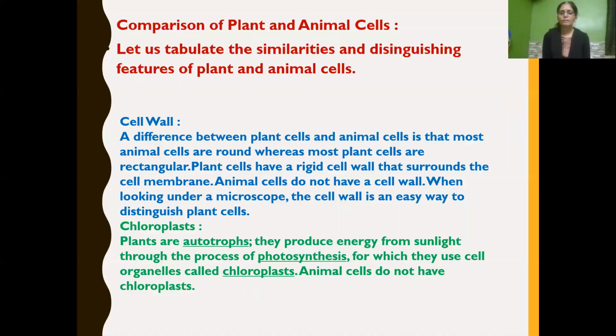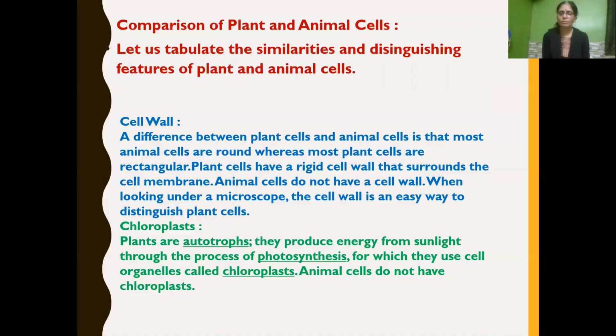If you see under the microscope, the cell wall is an easy way to distinguish a plant cell. If some cell is observed under the microscope, how do we find out whether the given cell is a plant cell or an animal cell? By looking at the presence or absence of a cell wall. If a cell wall is present, then we can easily tell it is a plant cell.